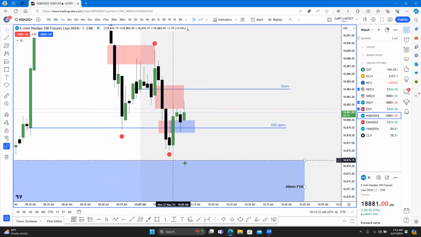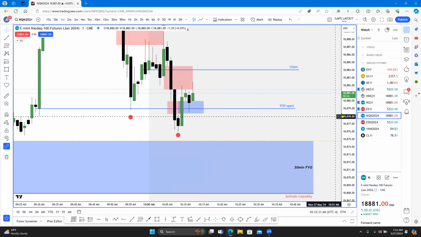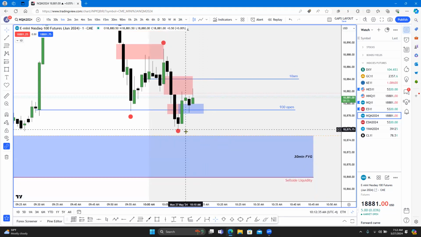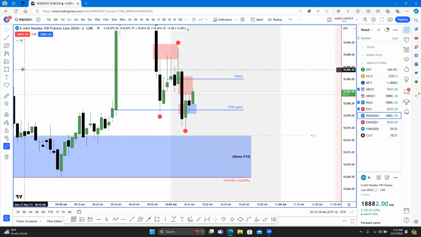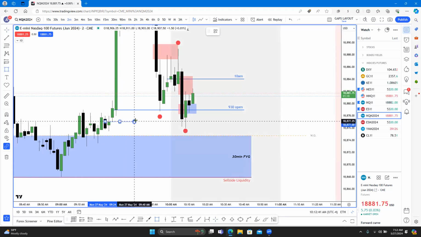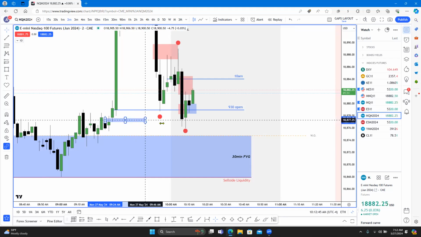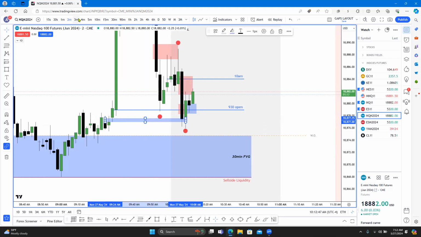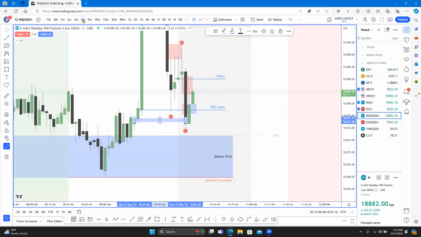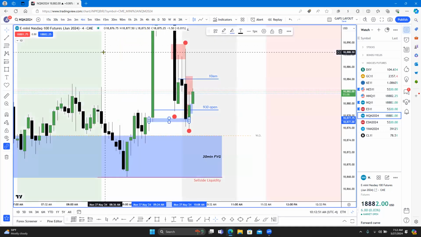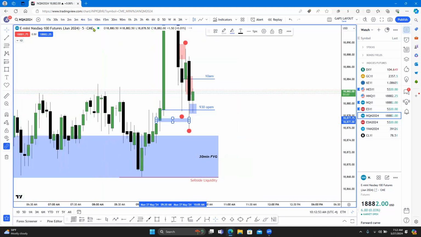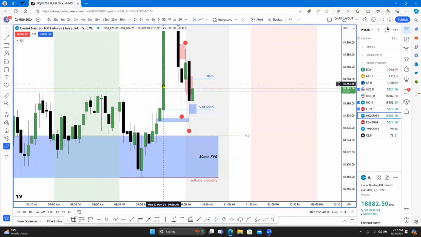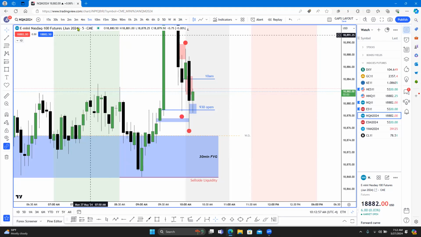We failed to get into this 30-minute gap, and there's really a small volume imbalance here. 3 minute, 4 minute, 5 minute.